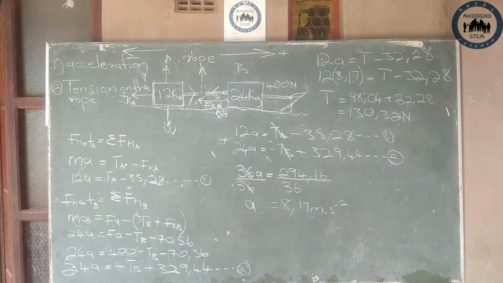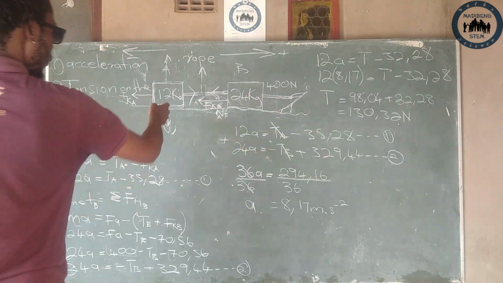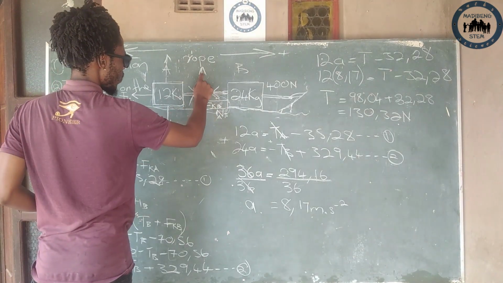I got 130.32 newtons. That's my tension between the two objects, the tension that is experienced by this rope.